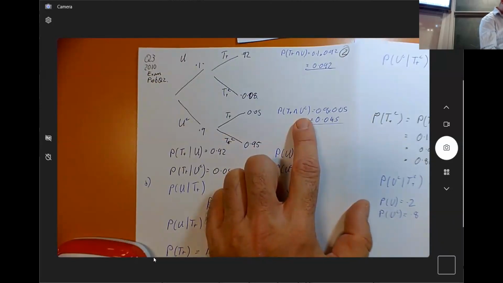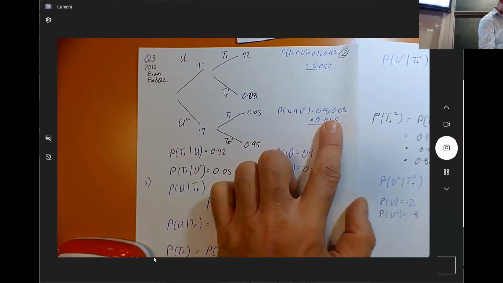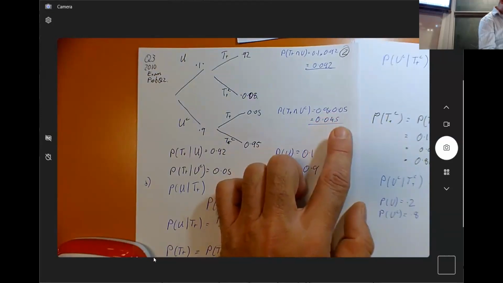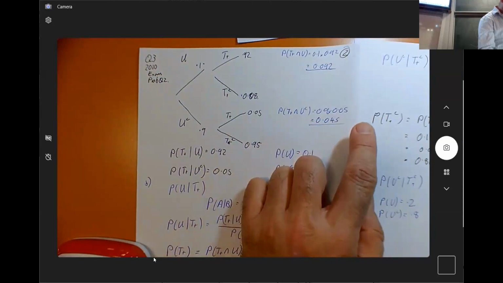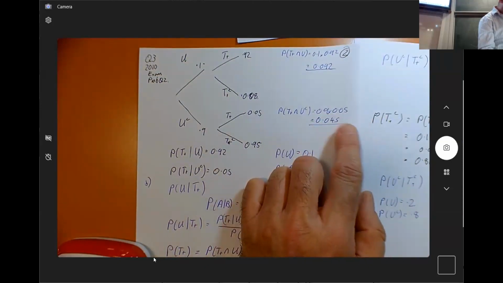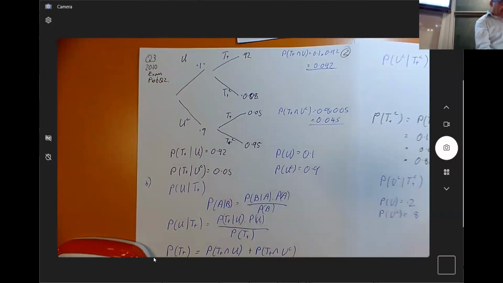My probability of testing positive complement intersection not using is 0.8 times 0.05, which is 0.04.